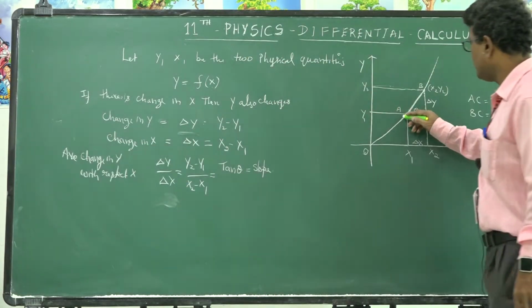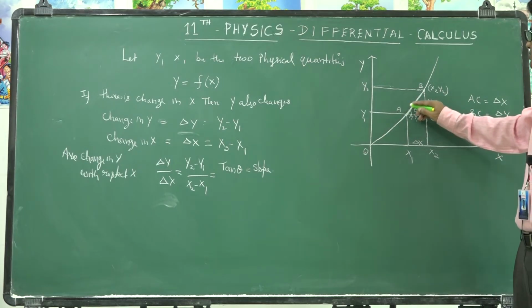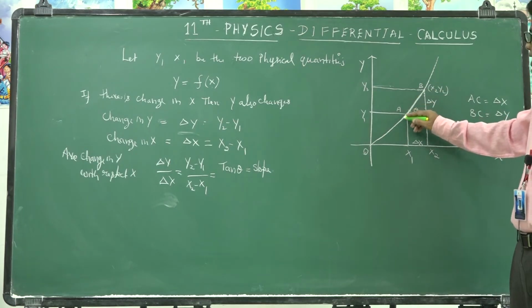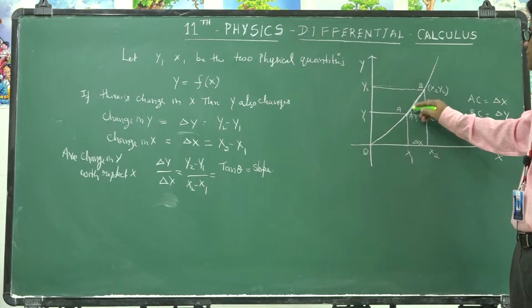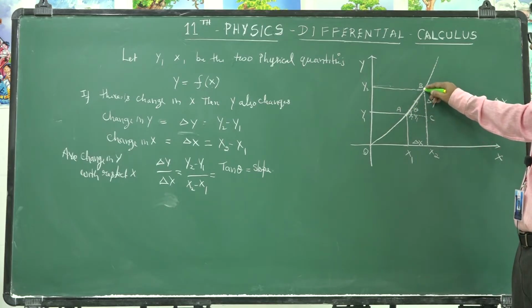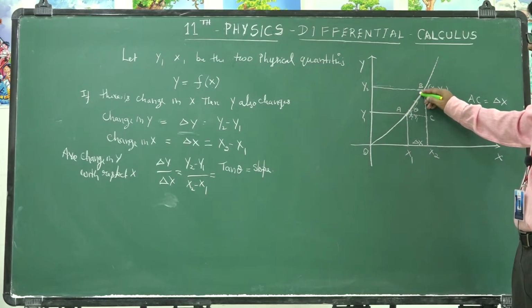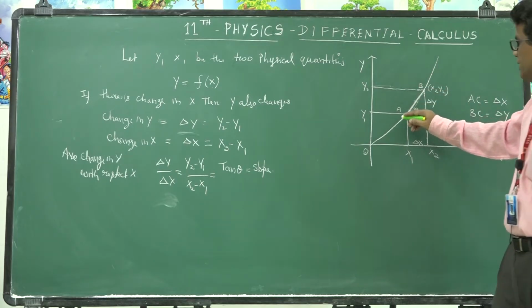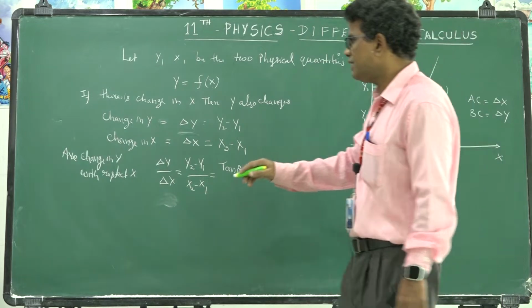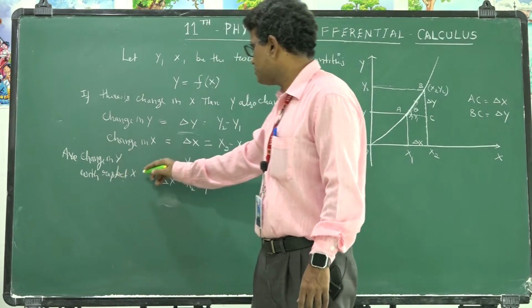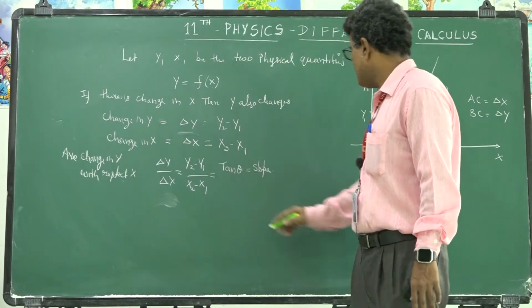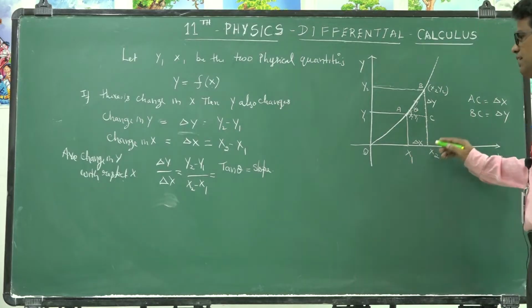Because the slope of the curve changes between A and B. As it goes from A to B, it becomes steeper. So the slope changes from point to point. That's why it indicates the average change in y with respect to x between the values x1 and x2.